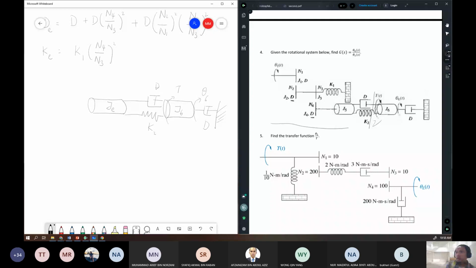Okay, so on shaft JE, we have the damper equivalent. And then we have the spring K equivalent. And then we have theta 2 here.